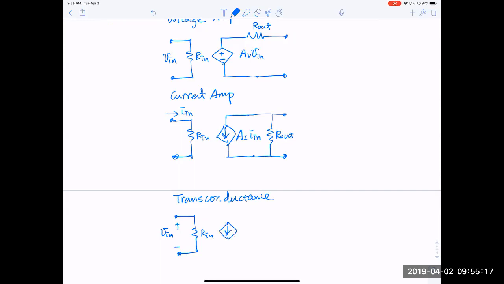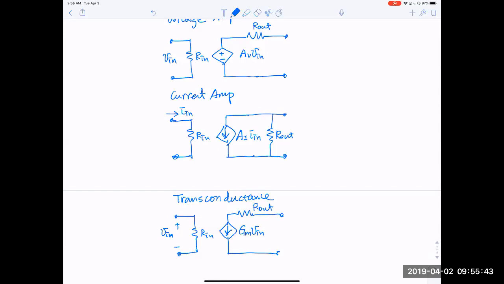And the dependence, as in a transistor, will have the unit of Siemens. So this is GM times V in. And the output resistance will be in series. So here is R out.